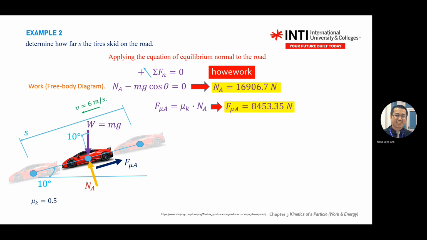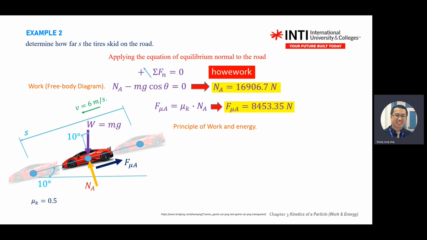Okay. Once you find your friction force, apply the principle of work and energy. What is the equation? Work, principle of energy. Left hand side is work, right hand side is energy. In this case, we deal with kinetic energy. So work on the left hand side, all the work done, equal to kinetic energy at second position minus kinetic energy at first position.